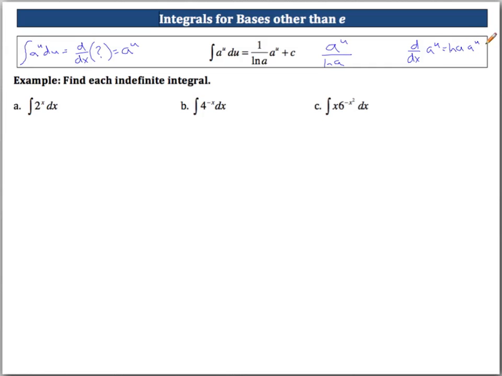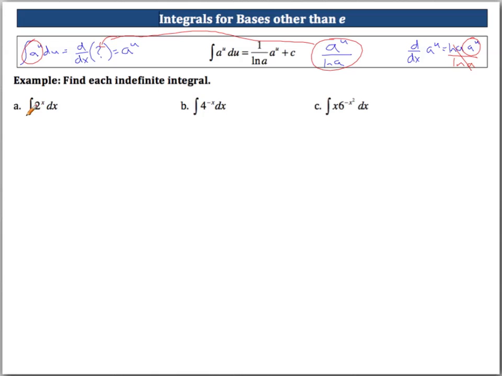So how can I alter this so that it equals just a to the u? Well, you can see here that I would just divide by the natural log of a, and then I would be left with a to the u, which is what we're looking for. So that's why what goes in the middle here is a to the u over natural log of a.